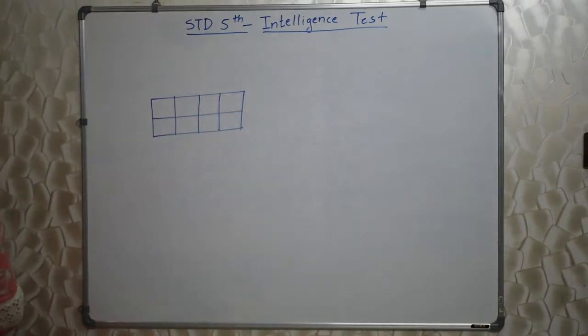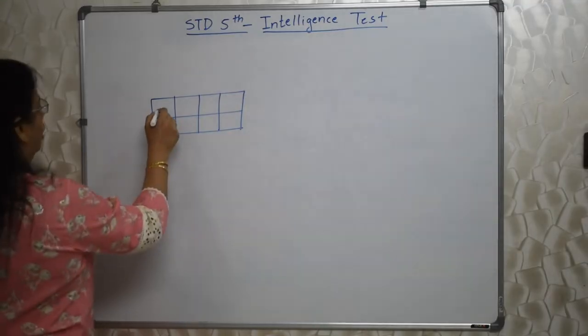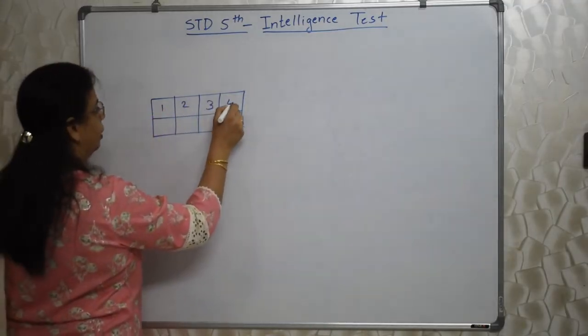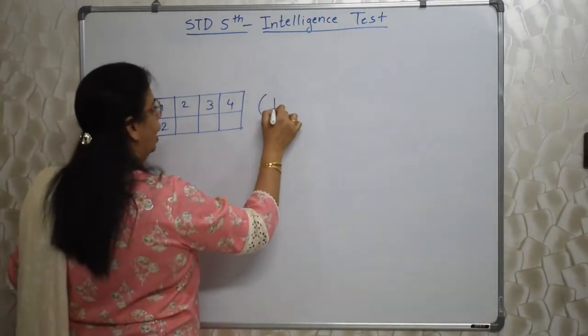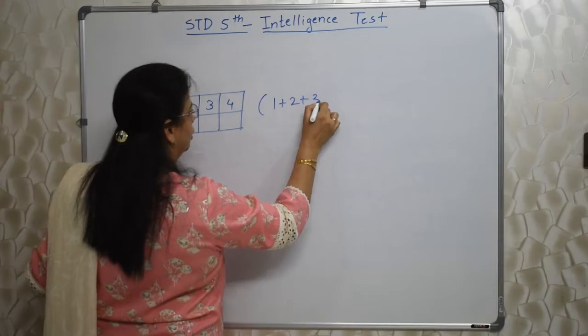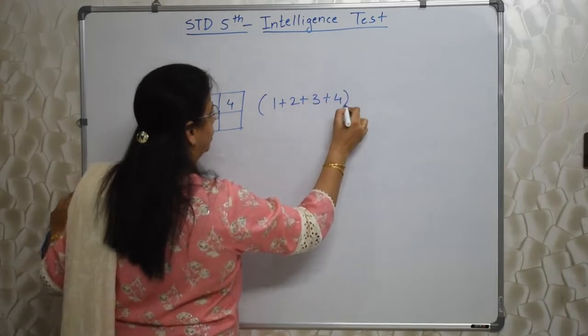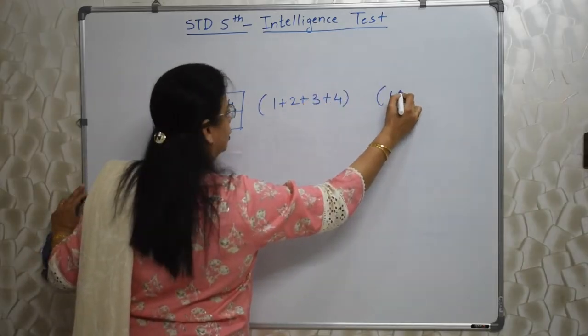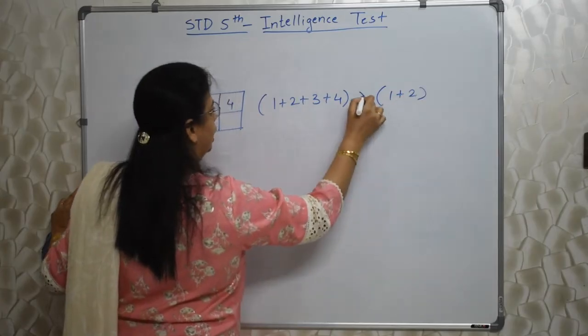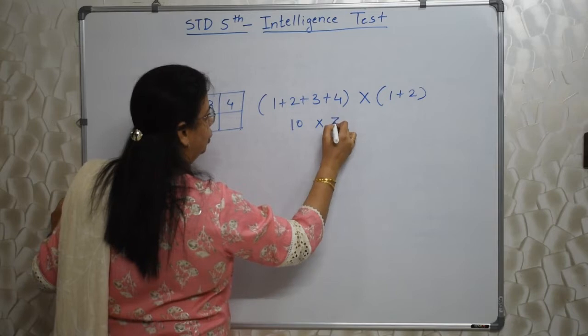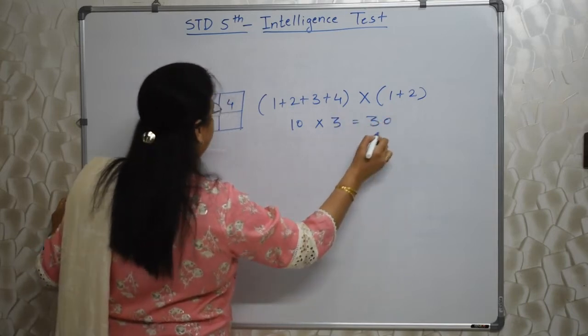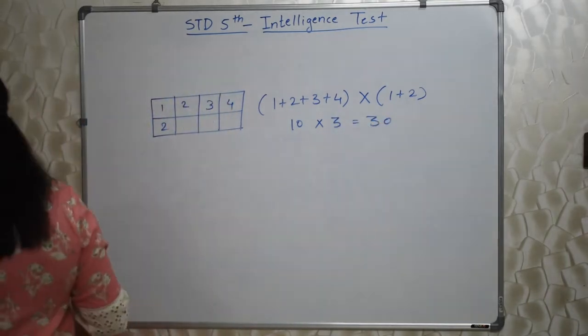If they ask you how many quadrilaterals are there, very simple formula. Just mark them 1, 2, 3, 4 and this is 1, 2, standing and sleeping. Then add all horizontal numbers, add all vertical numbers and then multiply. So this is 10 into this is 3. So answer is 30. Imagine counting 30 quadrilaterals.